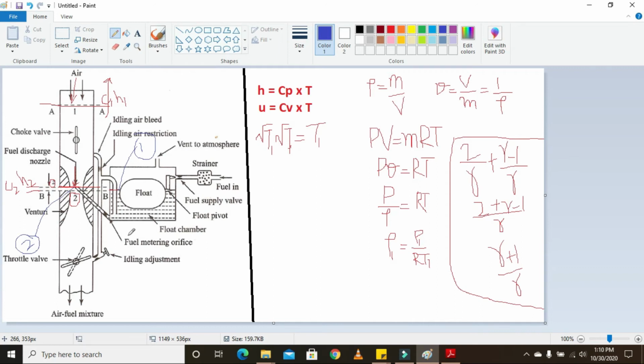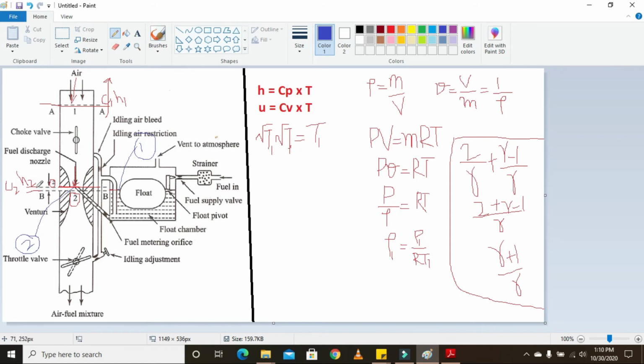So state 2 will be the same, but state 1 will not be at the entry where the air is present, but inside the float chamber, and inside the float chamber there will be some pressure exerted on the fuel, but the velocity of the fuel inside the float chamber will be 0. So C1 will be 0, there will be some pressure P1, and in the venturi throat there will be some pressure, and also some velocity as well.